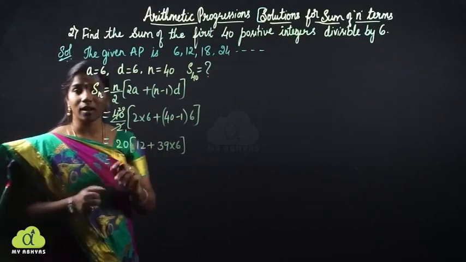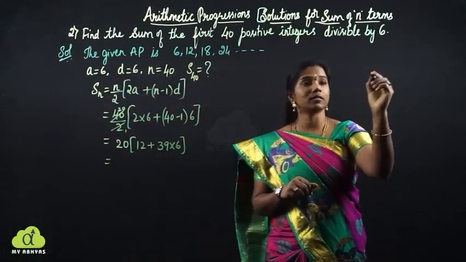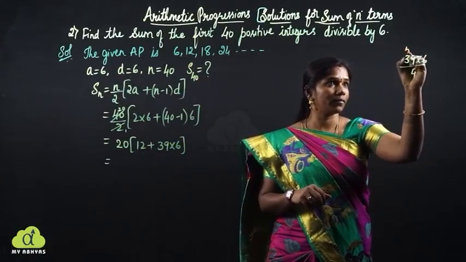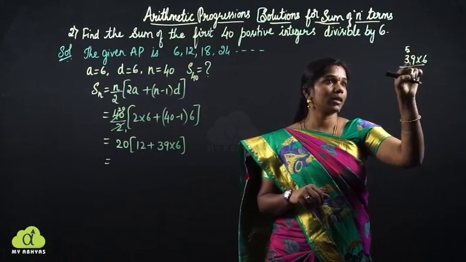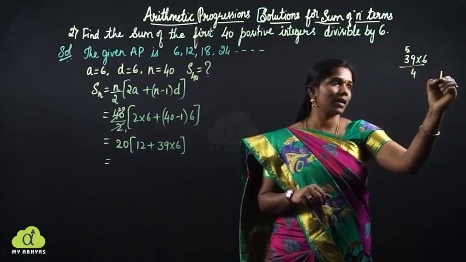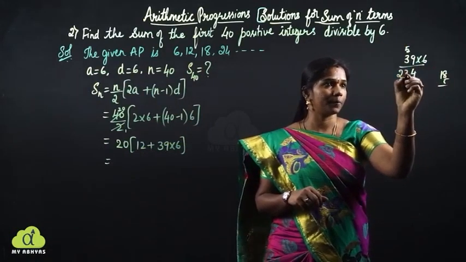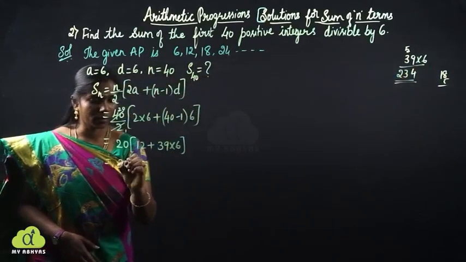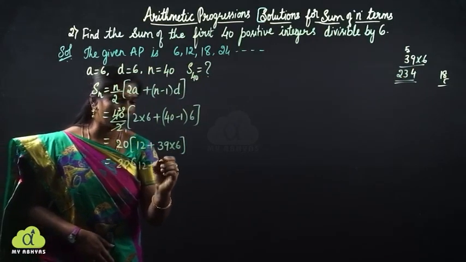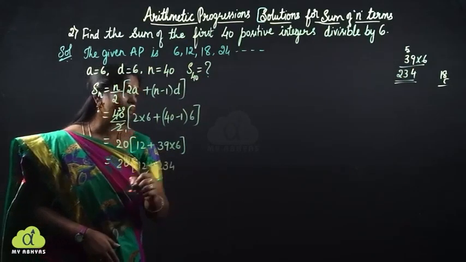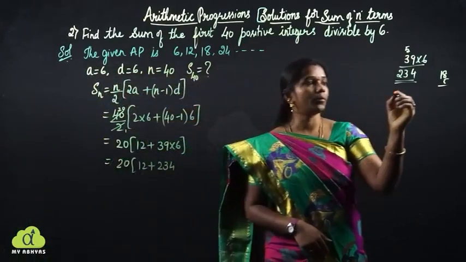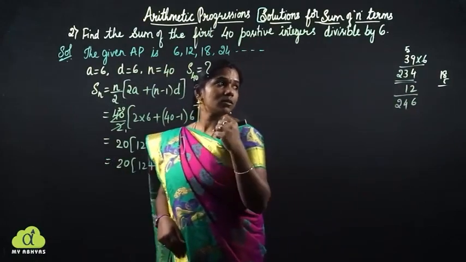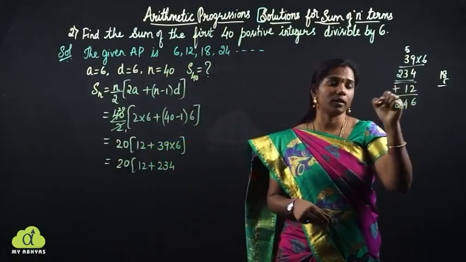Yes, then multiply and then add. So what is that? Here it is 39 into 6. 6 nines are 54, 5 carry over. 6 threes are 18, 18 plus 5 is 23. It is 234. So 20 into 12 plus 234. Yes, 234 plus 12. It is 246.